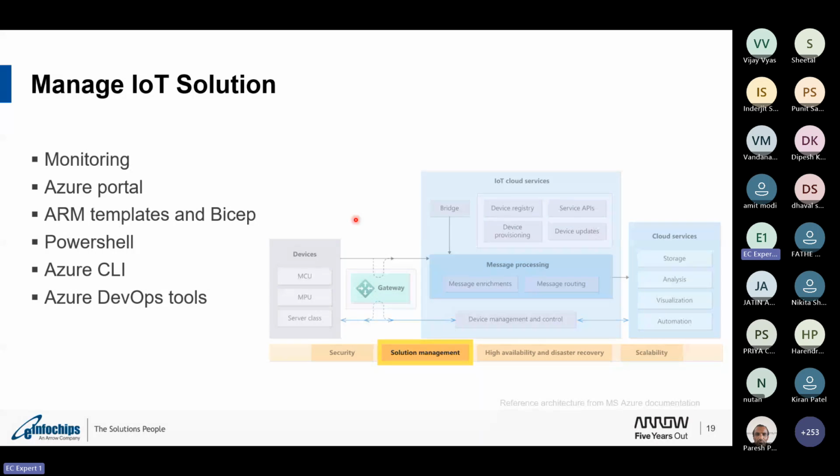Now we talked about multiple use cases. Now we come to a subject where we talk about how you manage your IoT solution. So for example, how do you monitor your IoT solution, or how can you implement automated deployment of the solution, or how can you manage your backend tools infrastructure that is being deployed in Microsoft Azure.